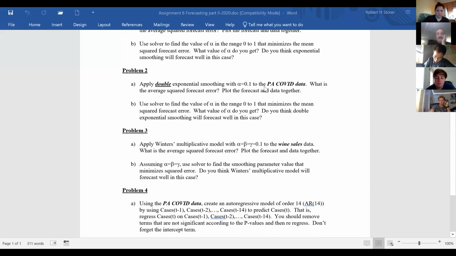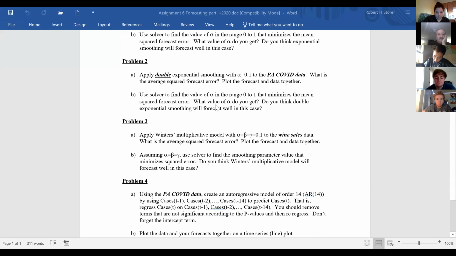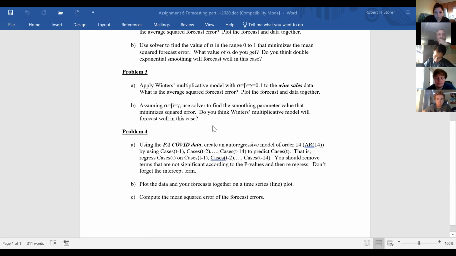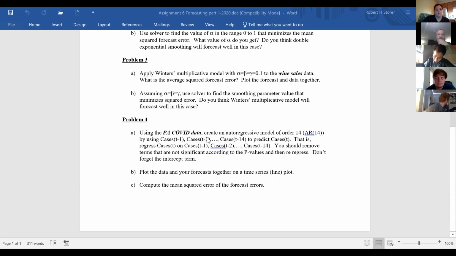We're going to apply double exponential smoothing to the data, again using Solver to find the best value of alpha. Then we're going to apply Winter's multiplicative model to that wine sales data I showed you a picture of.